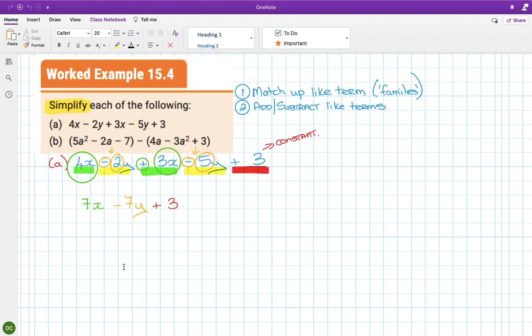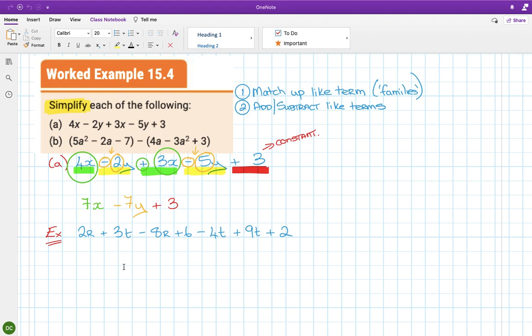Okay, so I'm going to do another one. This is just going to be my example. Okay, so let's pick out or match up our families.